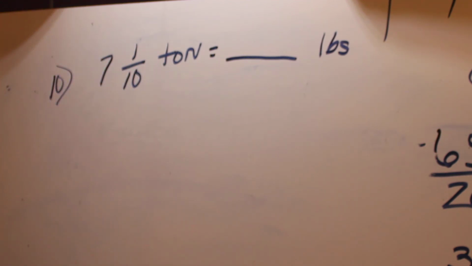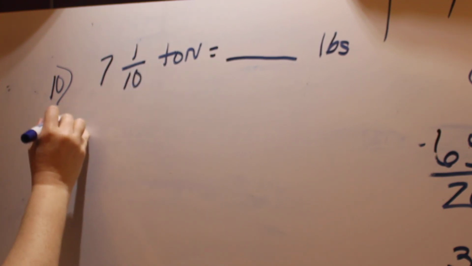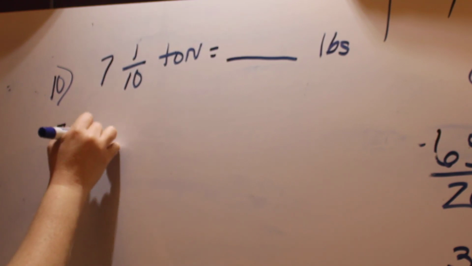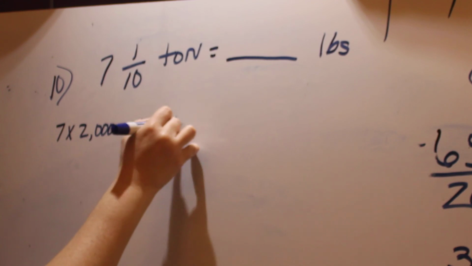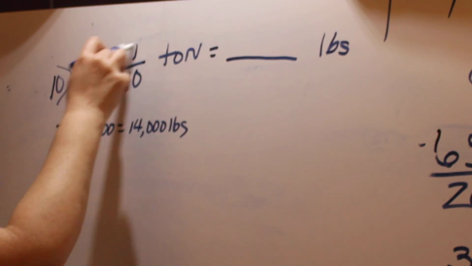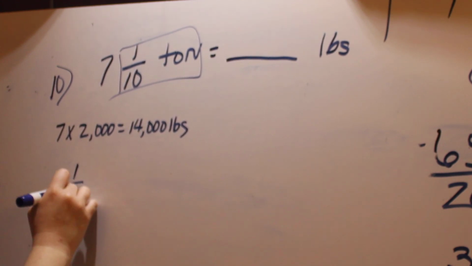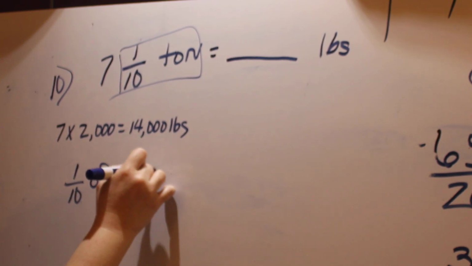So you could have solved it a couple of different ways. I chose to break it up when I solved it. If I break up the 7 and the 1/10, so 7 times 2,000 gives me 14,000 pounds, right? But then I still need, what's 1/10 of a ton? Well, 1/10 of 2,000 pounds.